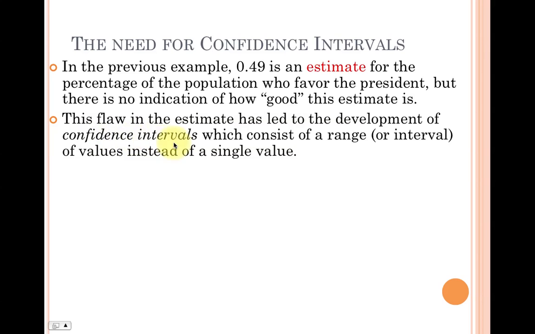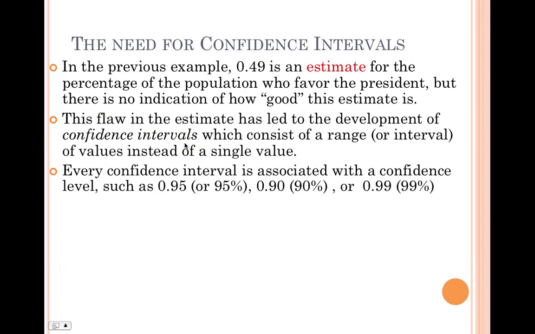Confidence interval is a range of numbers, and they consist of a range or interval of values instead of a single value. So instead of a single point estimate, 0.49, we are provided with a range, a confidence interval, an interval of values. And every confidence interval that we create is going to be associated with a confidence level.